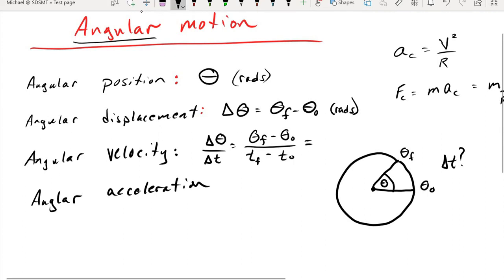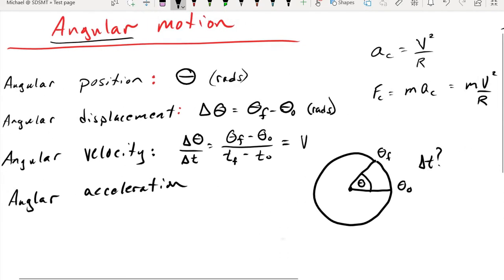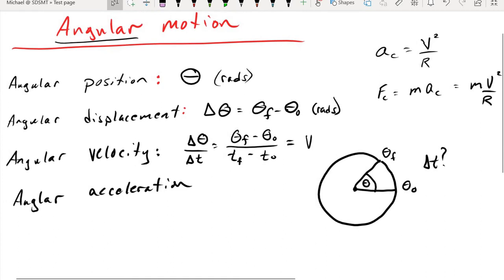Otherwise, if I tried to define this angular velocity as v, then I'm really going to get myself in trouble in terms of the math and the units, because our linear velocity has units of meters per second. What we have in front of us right now are units of radians per second.